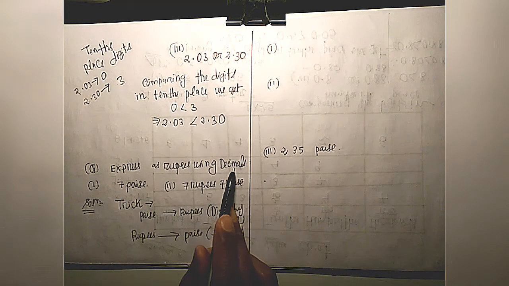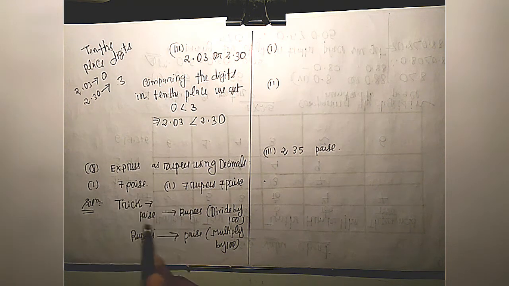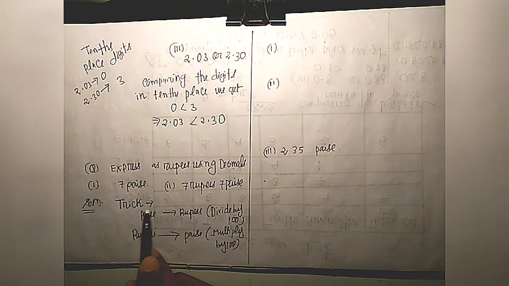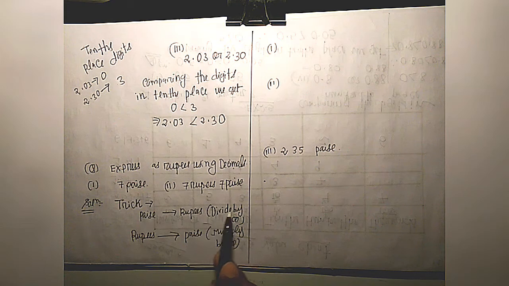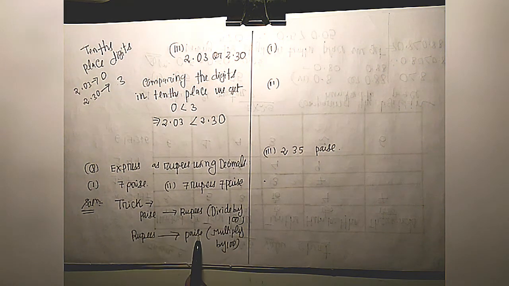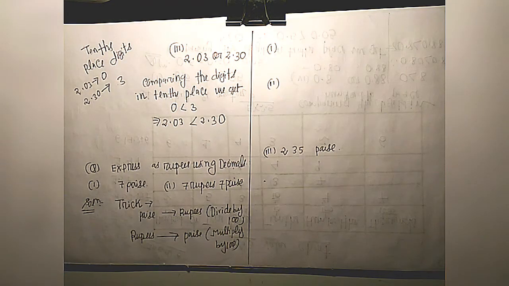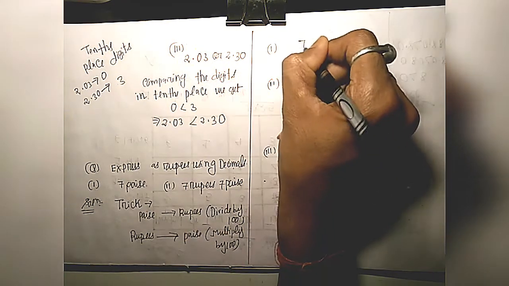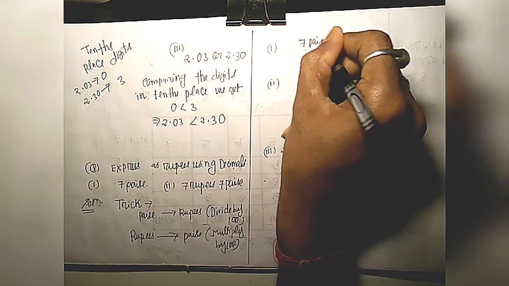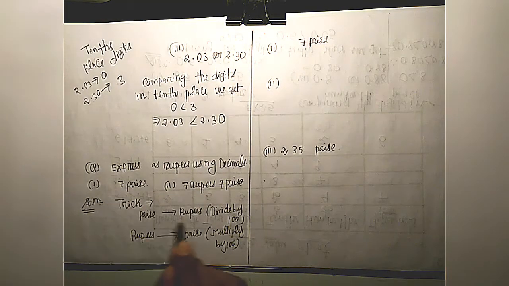Next, express as rupees using decimals. There is a trick: when you convert from paise to rupees, divide by 100; from rupees to paise, multiply by 100. This is the trick you should remember. Question 1: 7 paise. We need to convert 7 paise into rupees.